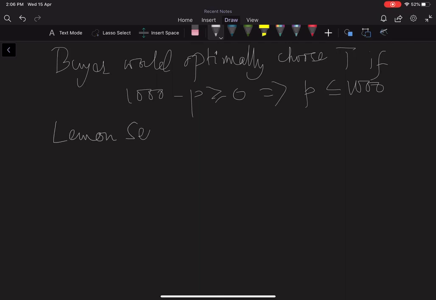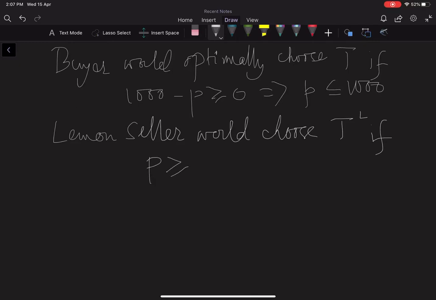So then the lemon seller would choose trade if p is bigger than 0.